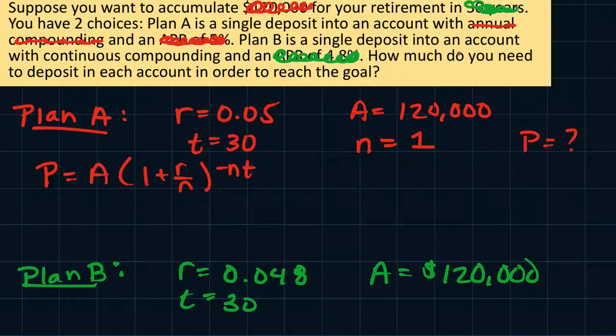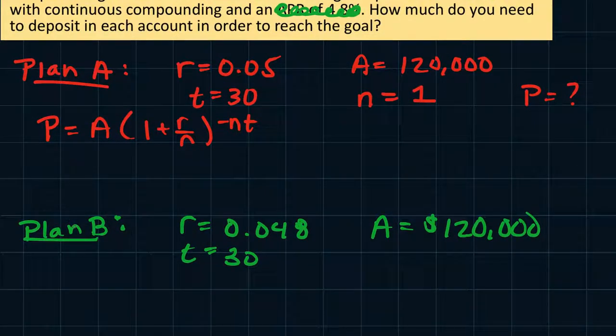It says continuous compounding. Okay, remember that continuous compounding has a special formula involving an E. So the difference, if we're solving for P, is that we put A e to the negative RT. You might want to review your notes. We talked about this in the beginning of the video. I think we have all the pieces we need to figure out the P in both plans.